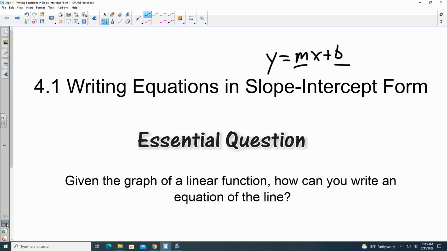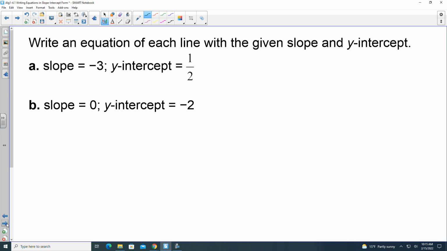So for these two examples here, they are giving us the slope and they are giving us the y-intercept. So essentially we are just putting it into the form of y is equal to mx plus b. So the slope, remember, is m. The y-intercept is b.